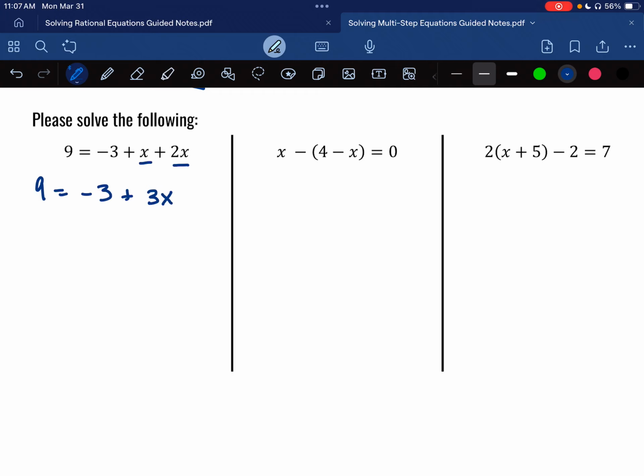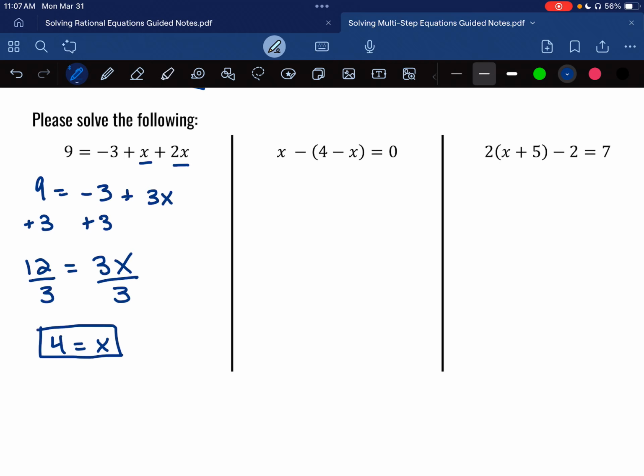Now I have a negative 3 here, so I'm going to add 3 to both sides. I end up with 12 is 3x. Divide both sides by 3. End up with 4 is equal to x, which again is the same thing as saying x is 4, right? So I would totally accept that.